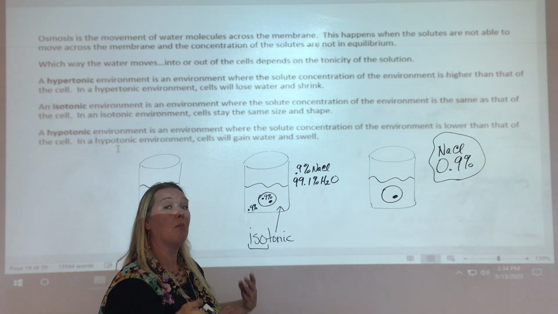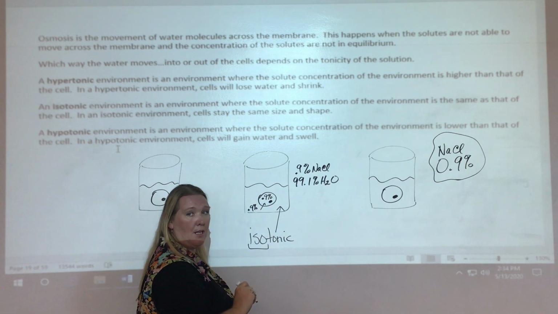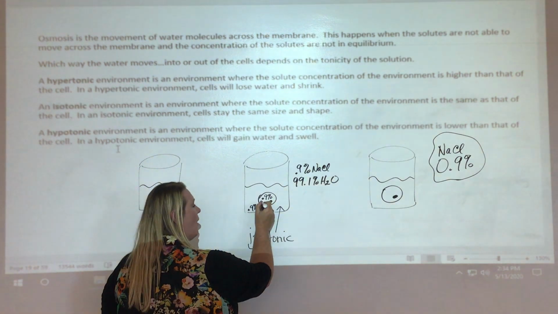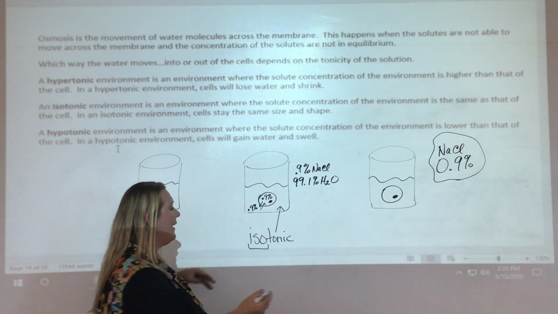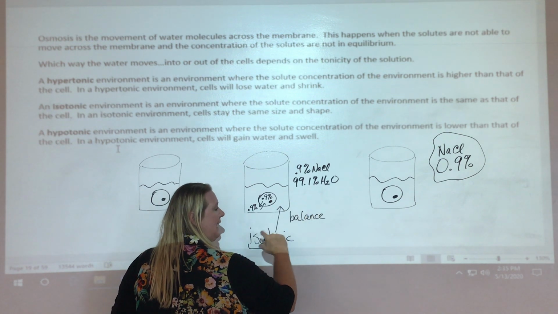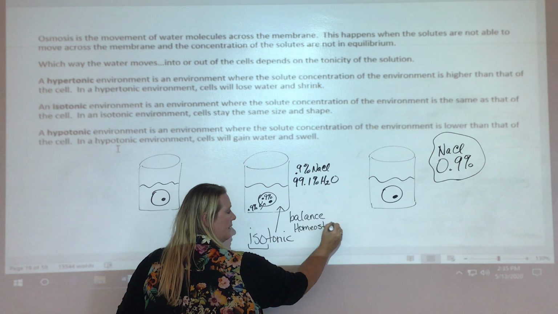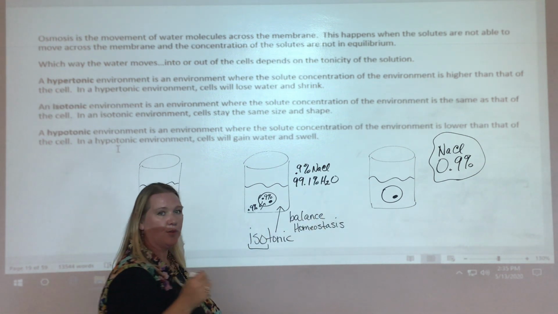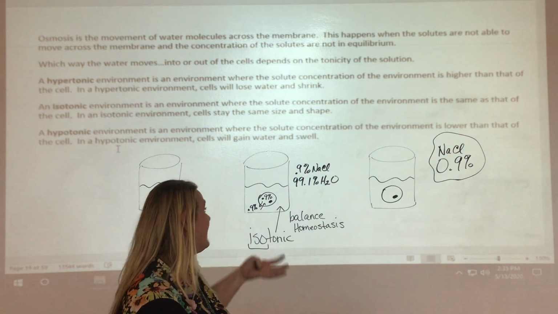That doesn't mean water doesn't move, but it means that if one molecule of water moves in, then one is going to move out because it's balancing. It's already in balance, already even, already at homeostasis. Isotonic. This is where those cells like to be. This is their state of balance.